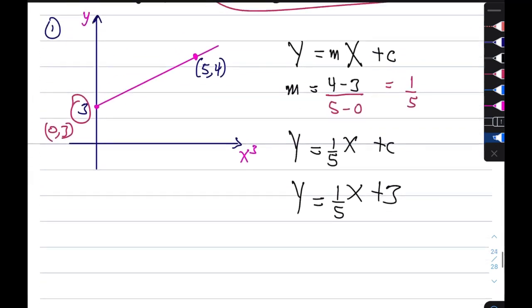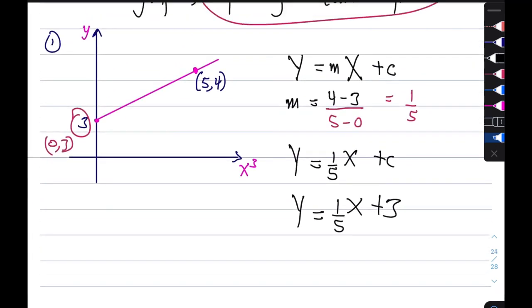But what do you know from the graph? Well, from the graph, we can compare the graph to what you have here. So you can say that big Y is small y, and then the big X is s cubed, okay? These are the 2 axes that were used in the question.